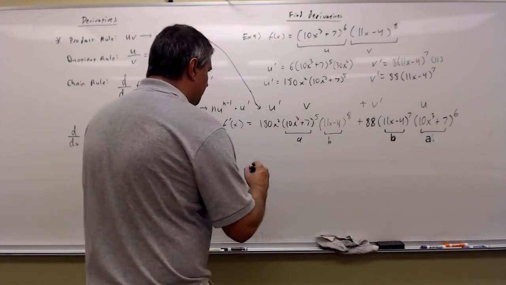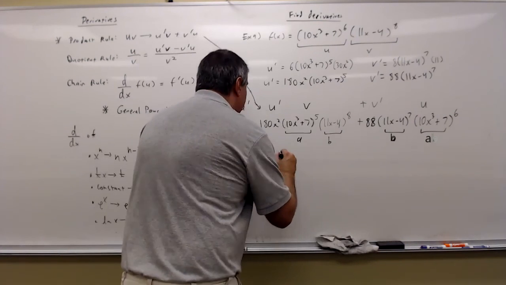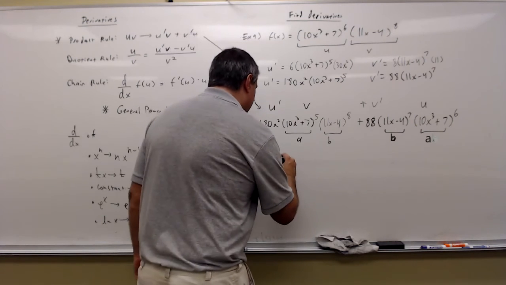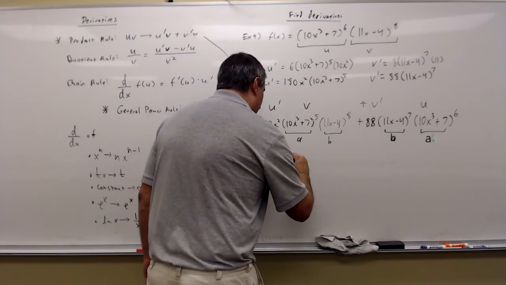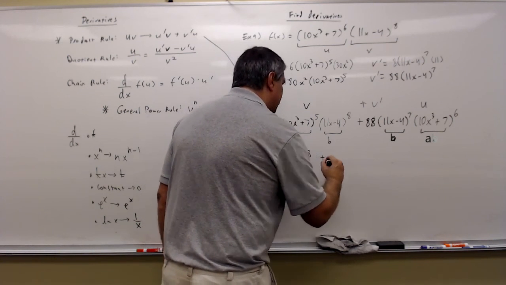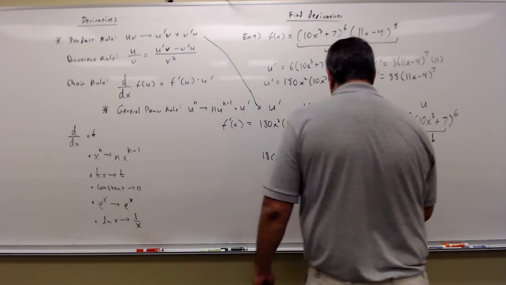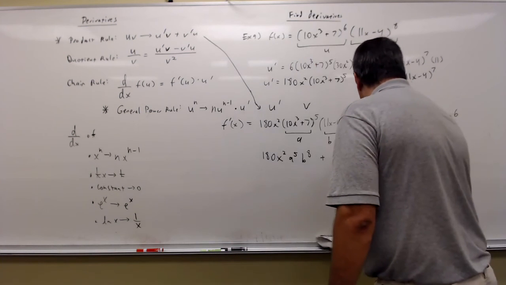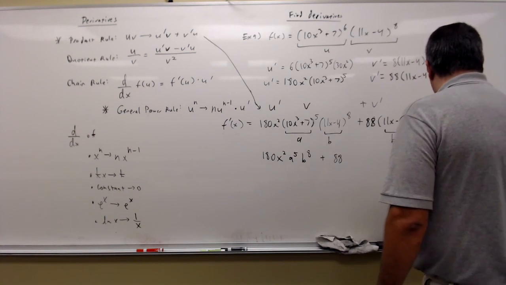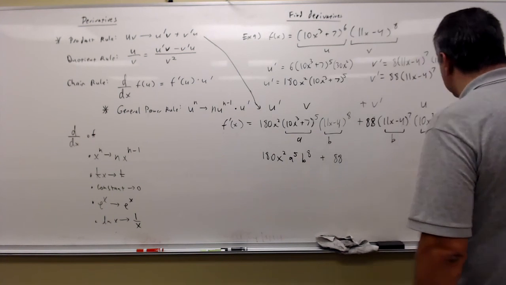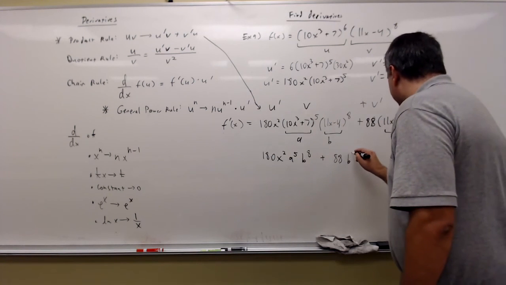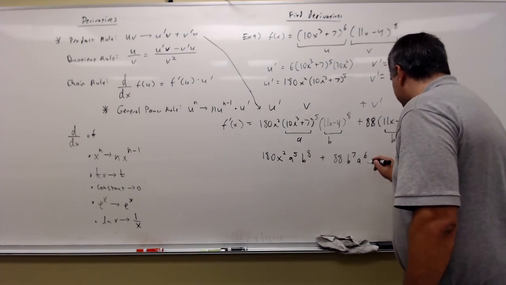All right, so this will be, and we will avoid confusion with the u's and v's up here, 180x squared, a to the 5th, b to the 8th, plus 88, I got them mixed up. This is b, this is a. Got to pay attention to those sorts of things. 88, b to the 7th, a to the 6th.